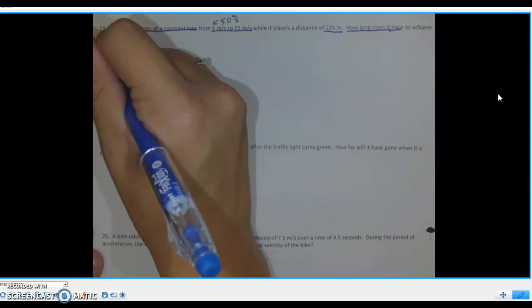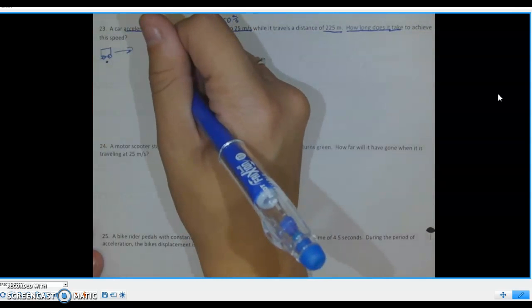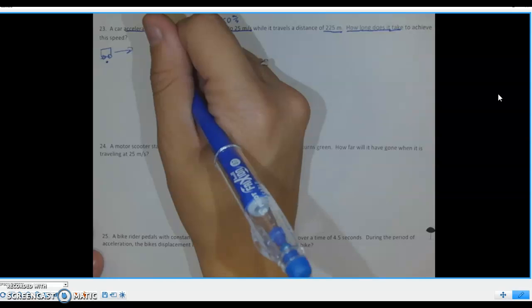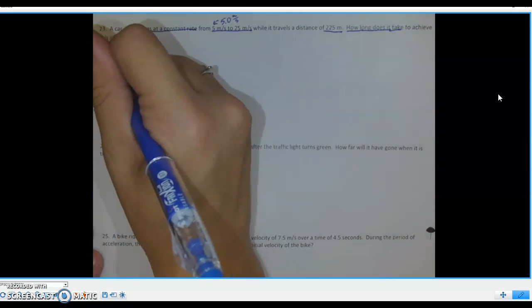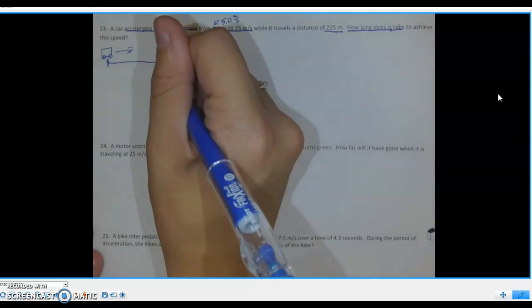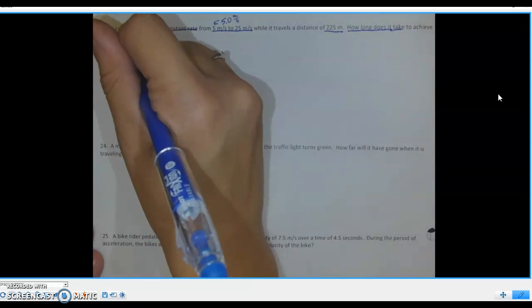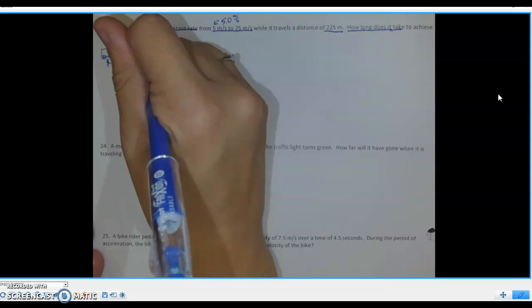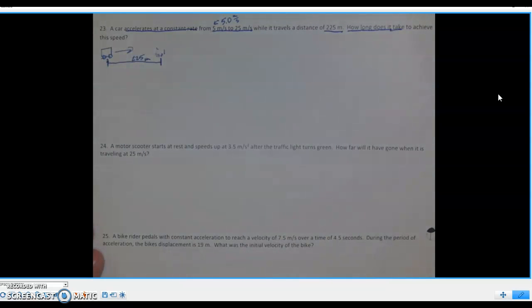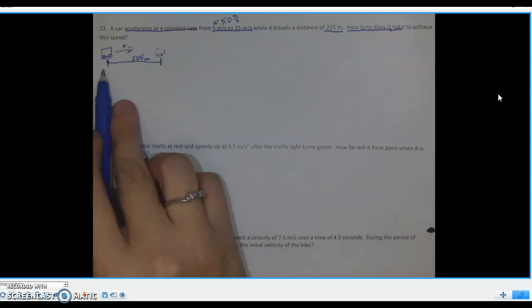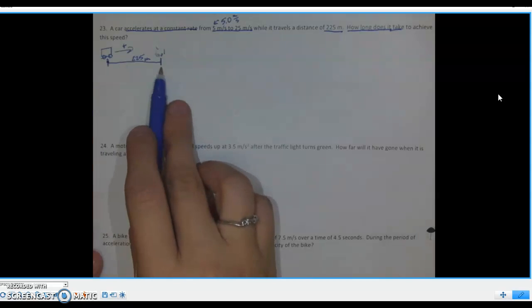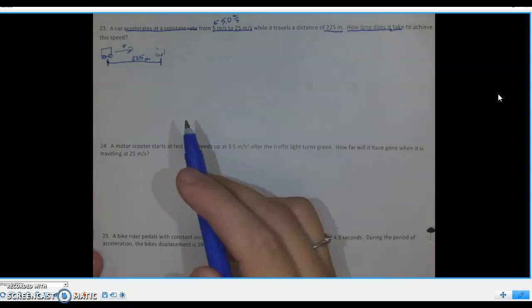Like, it starts here, it ends all the way over here, and that distance from where it started to where it ended is 225 meters. I'm going to choose this direction to be my positive direction, and I'm going to say the car starts at the origin. I'll make that my 0 meters, and so this would be 225 meters.